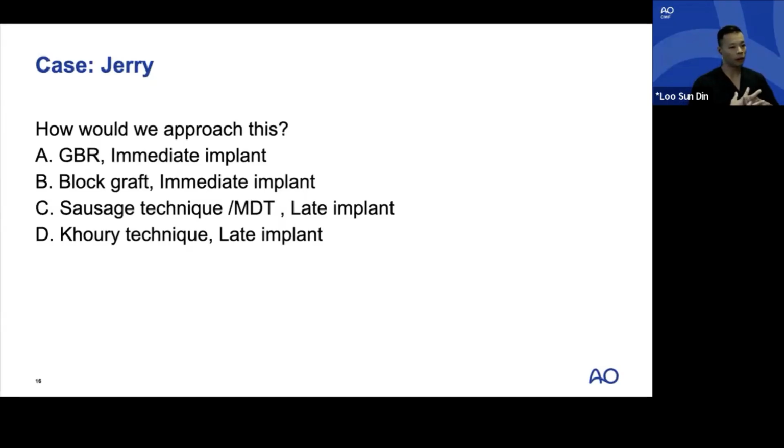Will you be using a block graft with immediate implant, or sausage technique with mucosal detachment and late implant, or quarry technique with late implant? There's no real right or wrong answer because it's just personal preference. Seems like we have a tie, GBR and sausage technique and immediate implant.